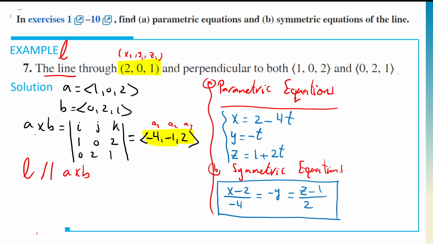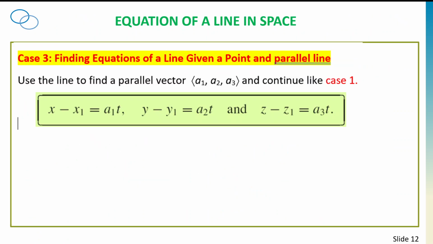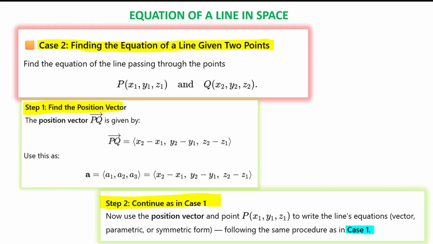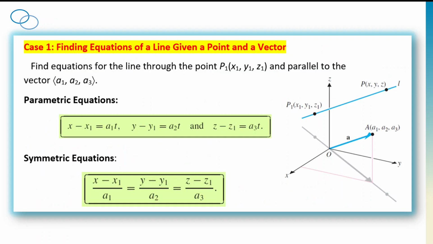So now let's do a quick review of the 4 cases that we had. The first case, which is usually the minimum requirement, case 1. So case 1 is basically the minimum requirement, which is what? I need a point and a parallel position vector. Point, parallel vector. This is the minimum. So we have parametric and symmetric equations.